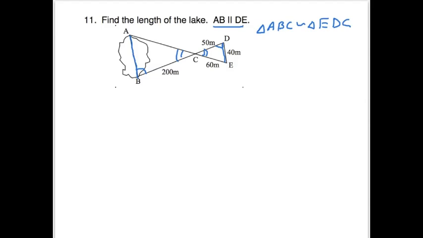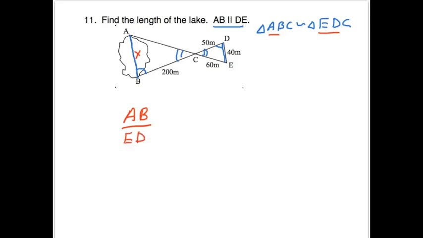And that information will help us set up proportions to find the length of the lake. Let's call that length x. So I know that the length AB corresponds with the first two letters of the second triangle, ED.